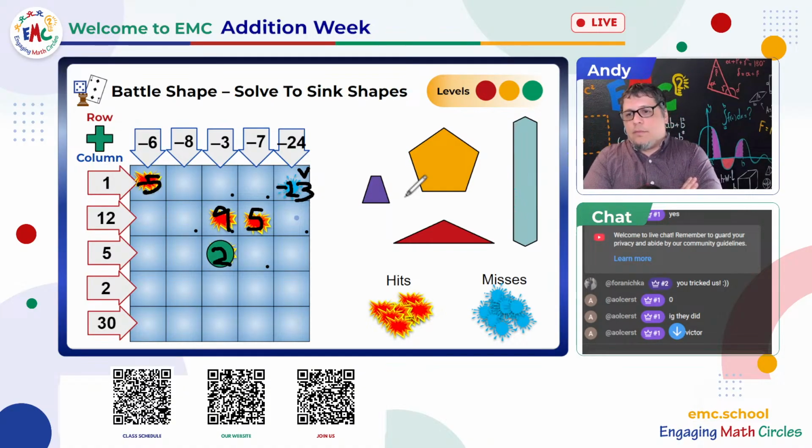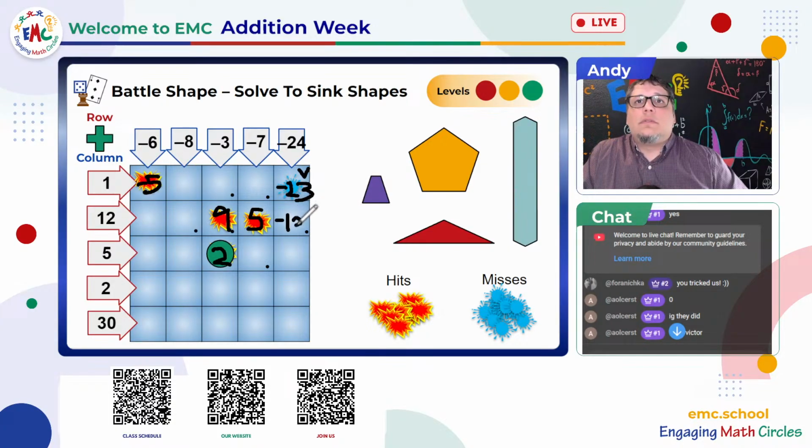Yeah, I think we have to start working on the horizontal because we have 2 hits horizontally. So 12 and -8, what would that be? 12 and -24, someone said is -12.